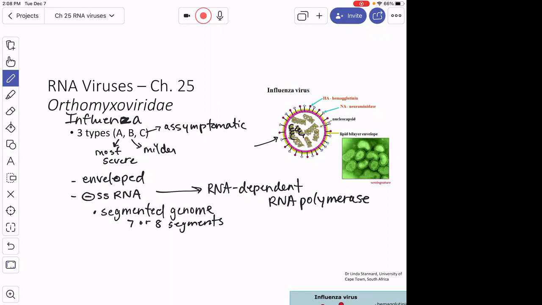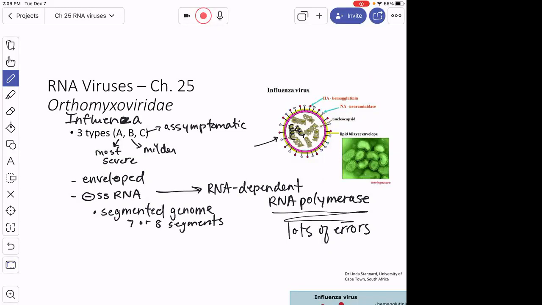So they have to bring in an enzyme that makes RNA from RNA, RNA-dependent RNA polymerase, and those enzymes just typically make lots of errors. Okay, so they are typically going to have a pretty high mutation rate.